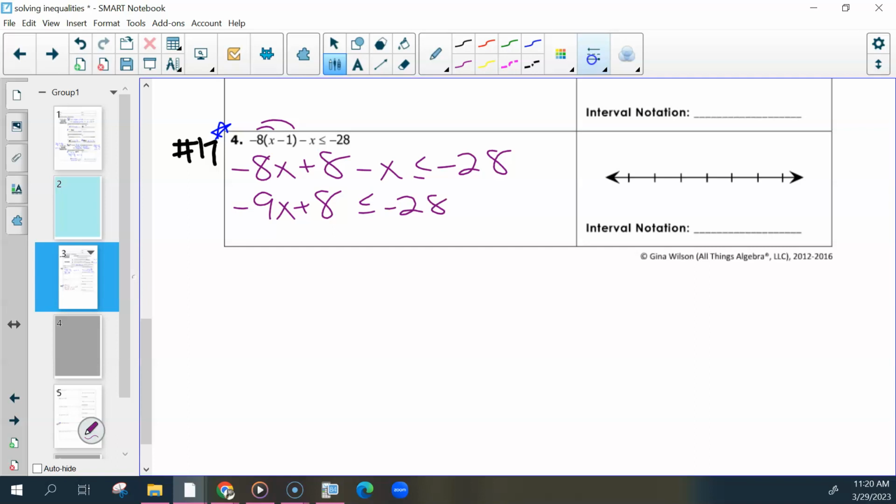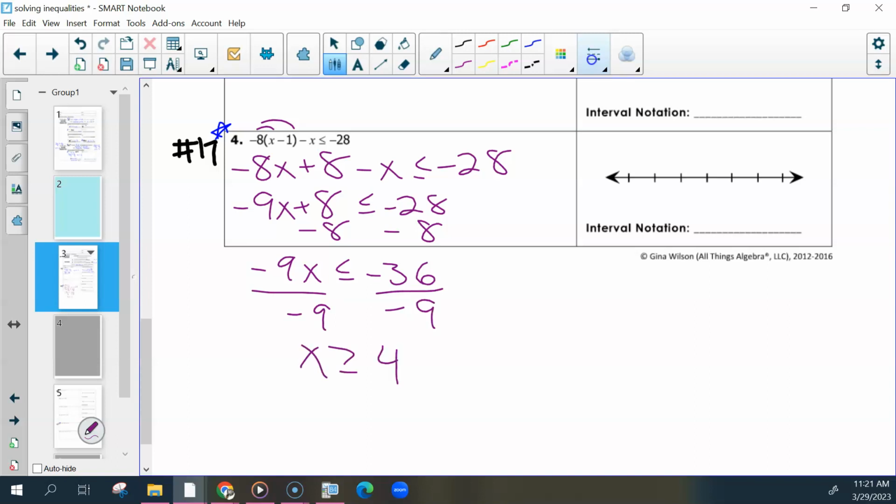Get rid of the 8 by subtracting. We have -36. Divide both sides by -9. When we divide by -9, will our sign change? Yes. And it'll become positive.